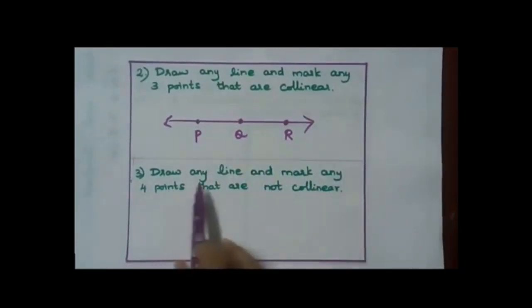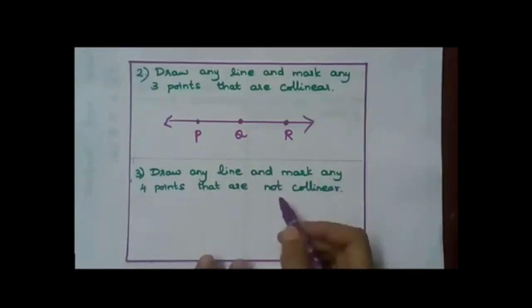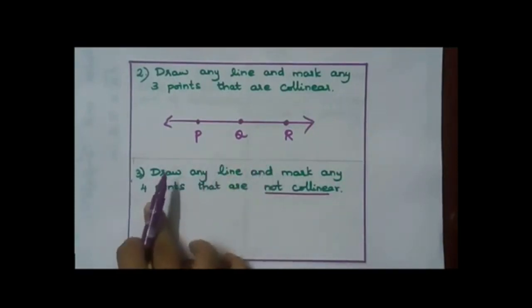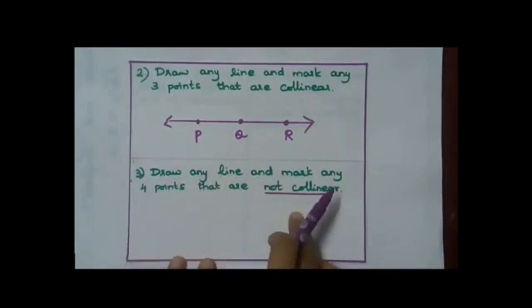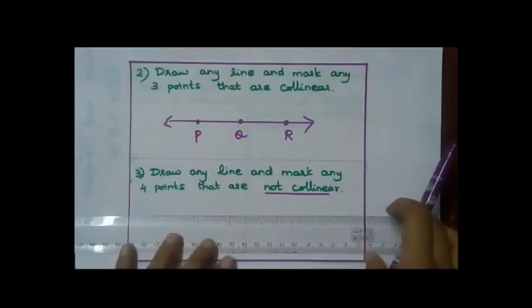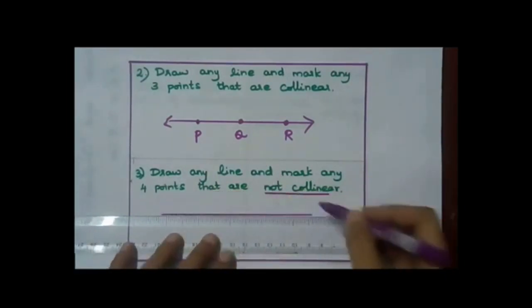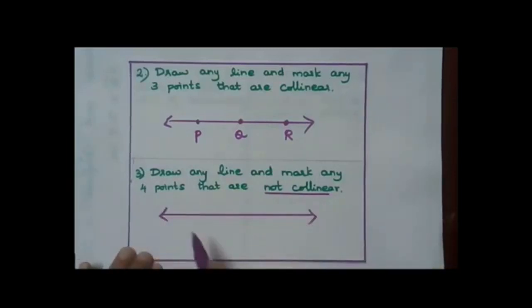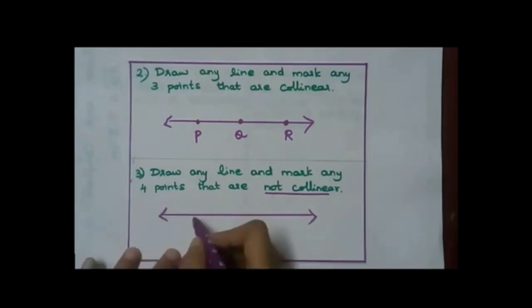Third question, draw any line and mark any 4 points that are not collinear. Read the question very carefully. You have to draw a line and mark 4 points that are not collinear. So you can mark any point. So I am drawing one line. Mark 4 points.